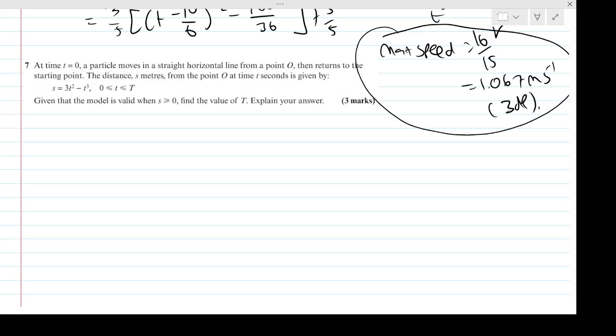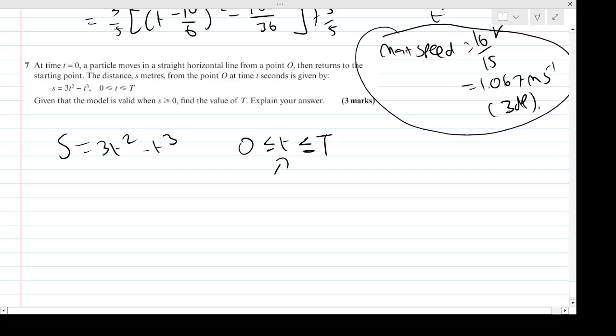The distance is given by s is 3t squared minus t cubed, for t between 0 and this larger value of T. So time little t has to be less than this maximum limit big T. Okay, so again, if I split this up, little t, the general value of time, has to be less than or equal to the upper limit for T there.